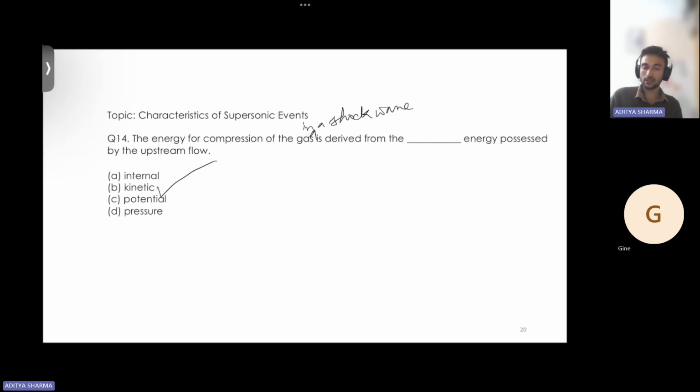From this kinetic energy only, nature is doing the compression across this shock, and eventually this leads to the flow property changes across a shock. So this is correct.